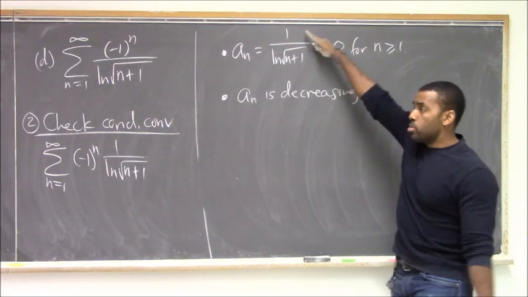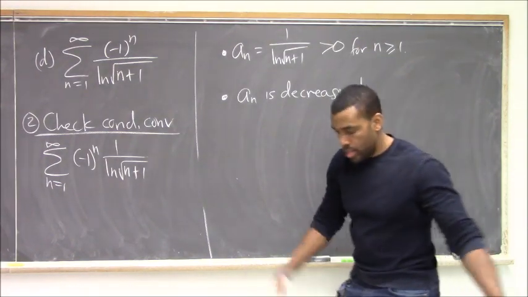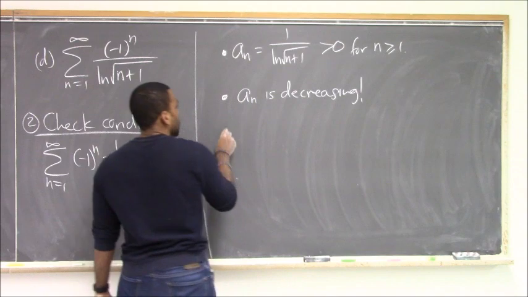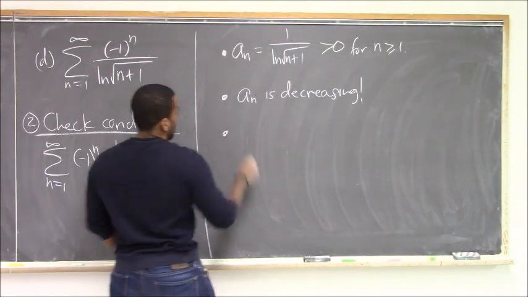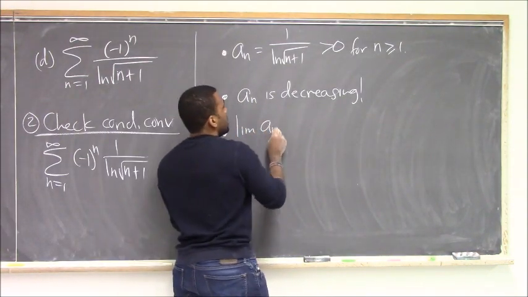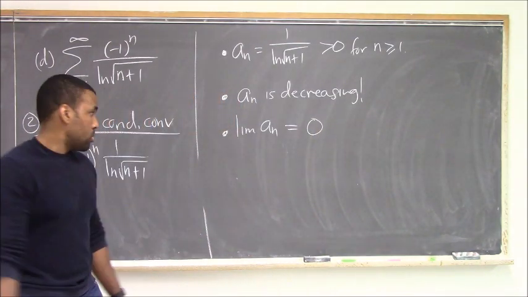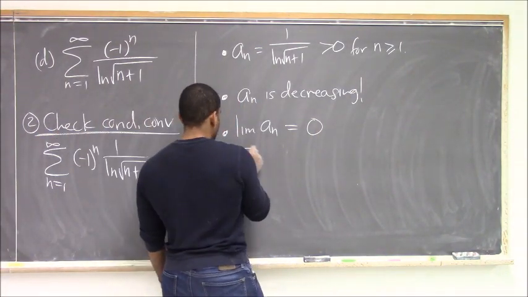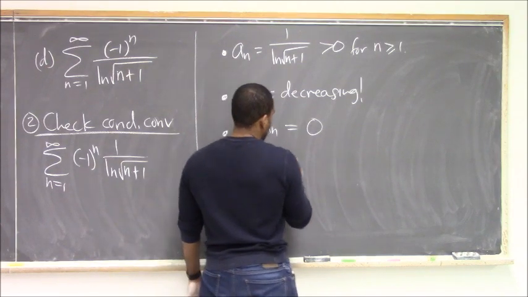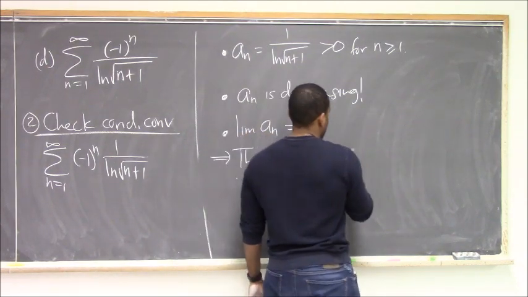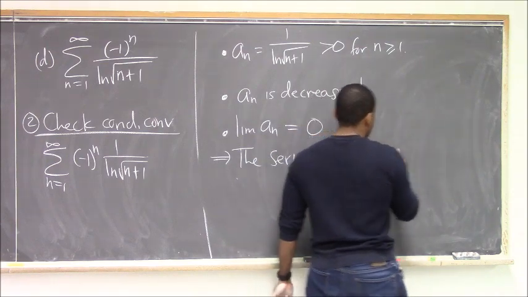That should be clear. The numerator is a constant, the denominator is an ln, which is growing. And look at the limit of a_n. Well, it's 0. So that tells us the series converges by the alternating series test.